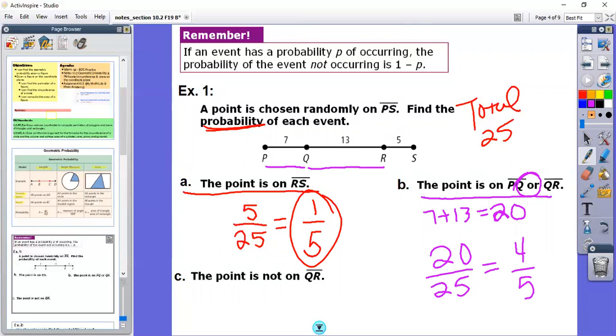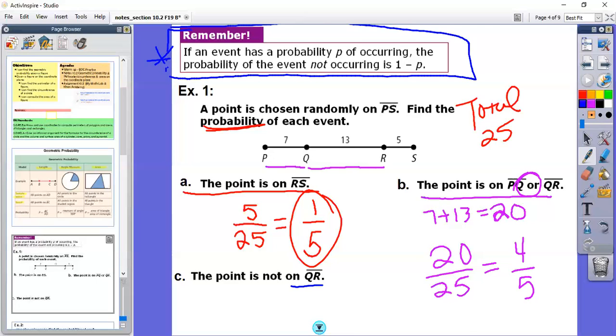And then for the last one, they ask us a not question. They said the point is not on QR. There's a couple of ways to think about it. If I'm thinking about whether an event is going to happen or not, to go back to the snow example, we said a 70% chance of snow, or a 0.7 chance of snow.